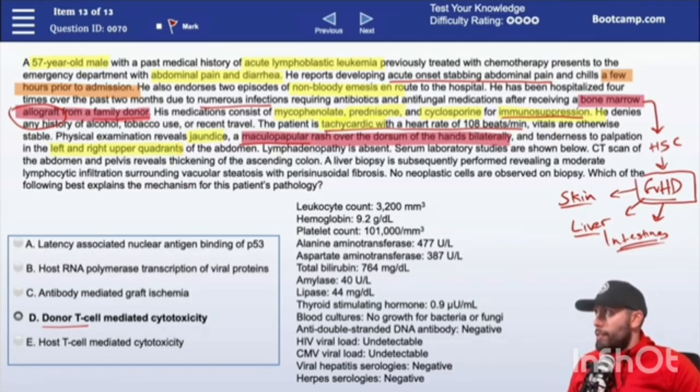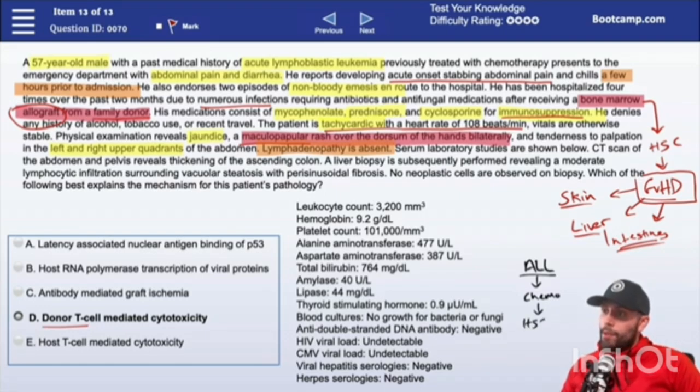Lymphadenopathy is absent. Now, this is an interesting point, and I don't think we're getting tested on this directly, but not to get too off track, why is lymphadenopathy mentioned, right? Really quickly here, this patient had acute lymphoblastic leukemia. Then the patient went through chemotherapy, right? And now, for more definitive management, they had a hematopoietic stem cell transplant, or bone marrow allograft, from a family donor.